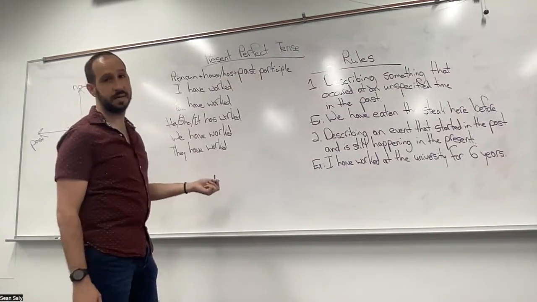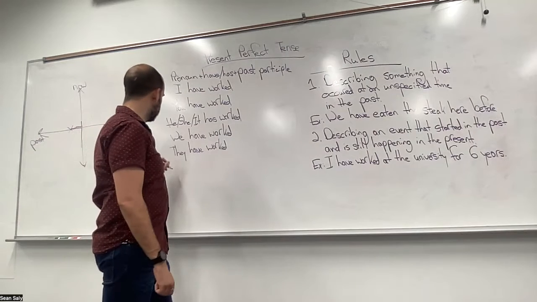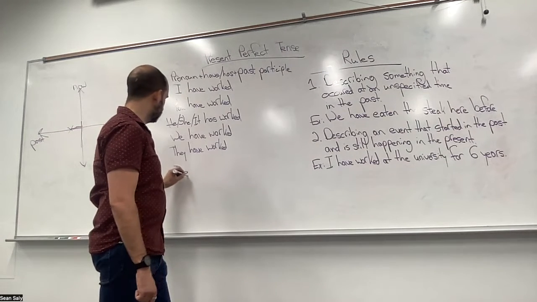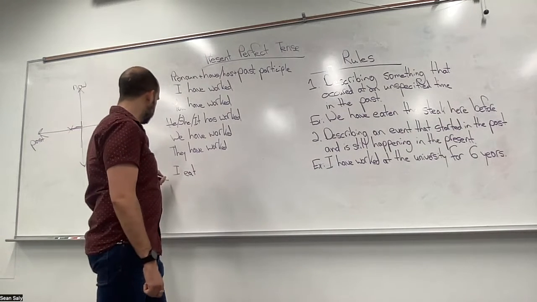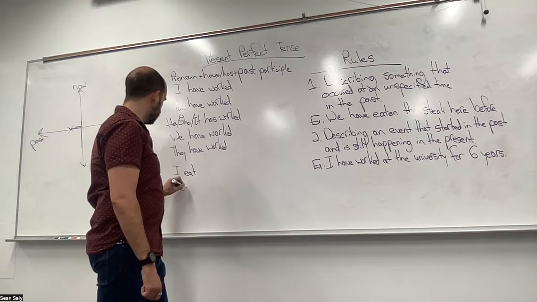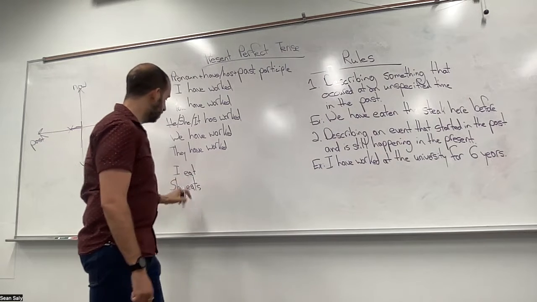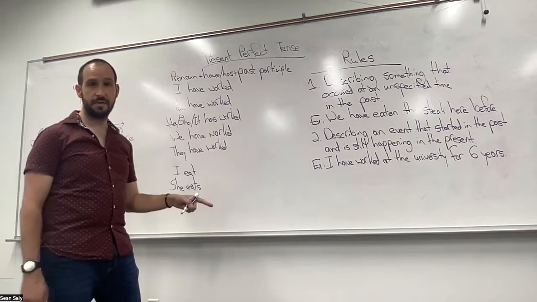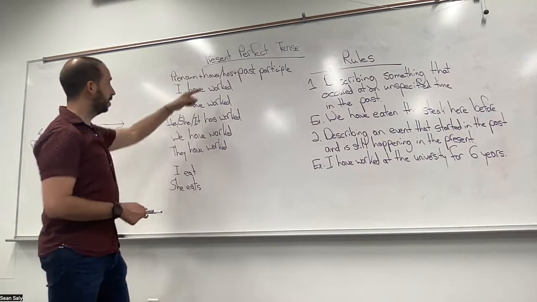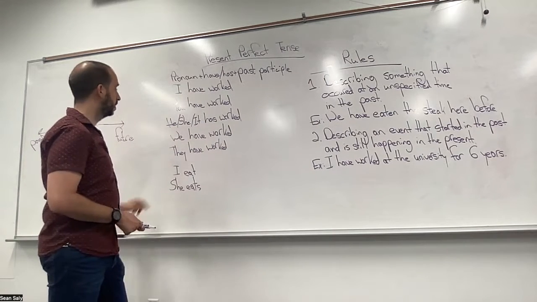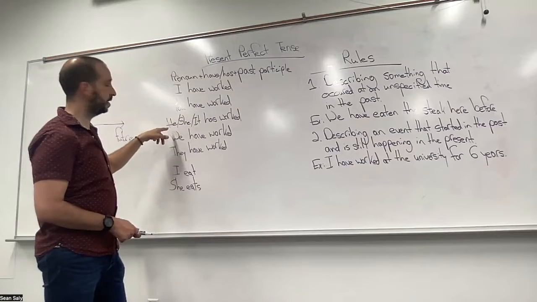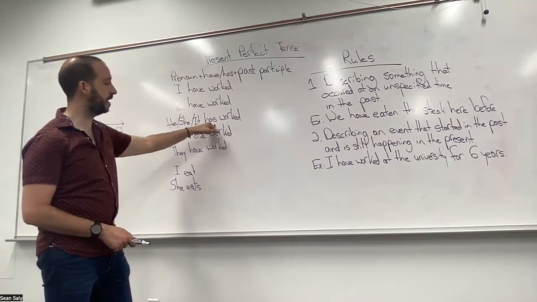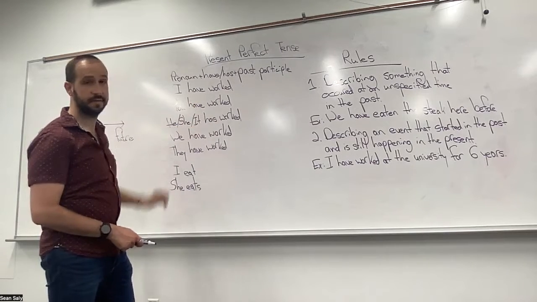If we use regular simple present, let's do I eat versus she eats. Okay, so this s follows the third person singular, doesn't matter what verb tense. Okay, so with present perfect, the third person singular, he, she, it must have has, not have.